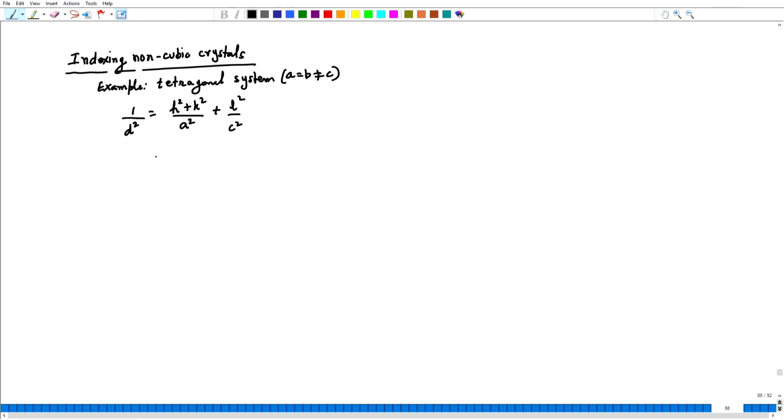Now, here I start with Bragg's law, and I have got diffraction data with me.